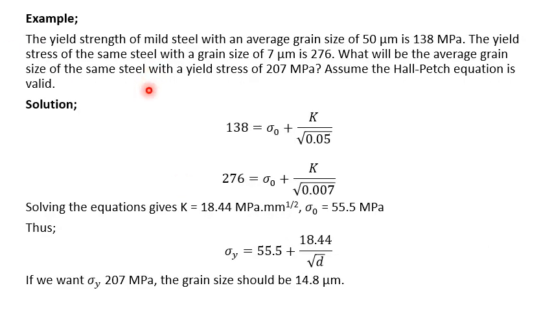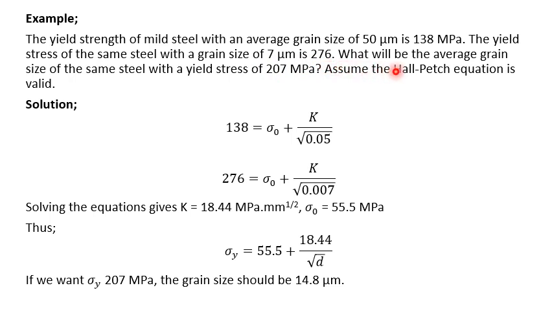Let's take a mathematical example that explains how we use the Hall-Petch equation and how we make it useful. The example says the yield strength of mild steel with an average grain size of 50 micrometers is 138 megapascals, and the yield stress of the same steel with a grain size of 7 micrometers is 276 megapascals.